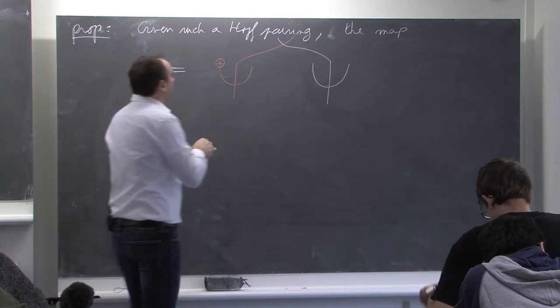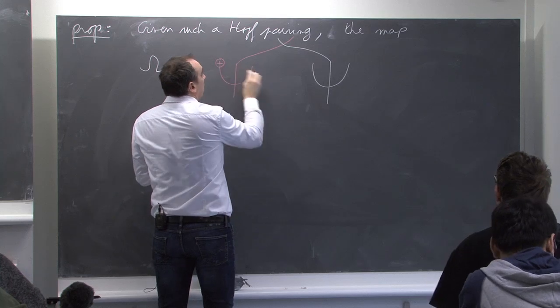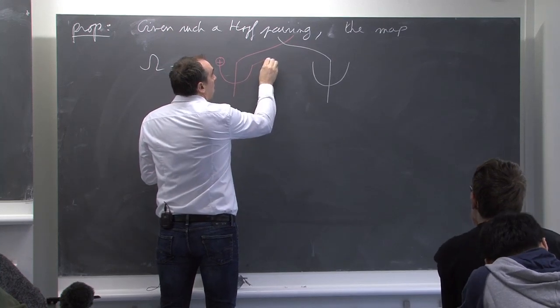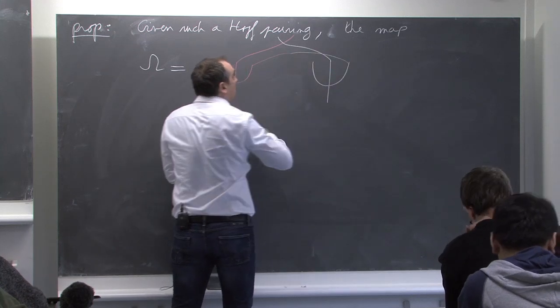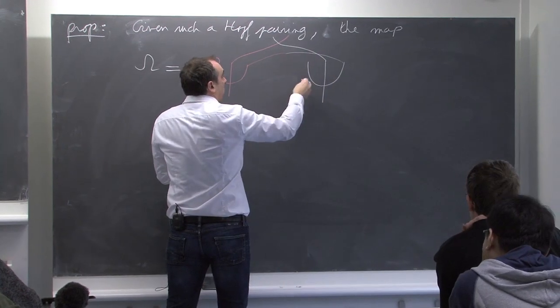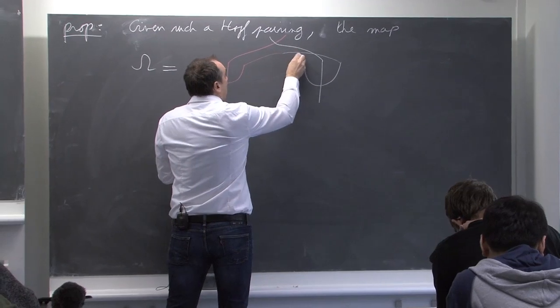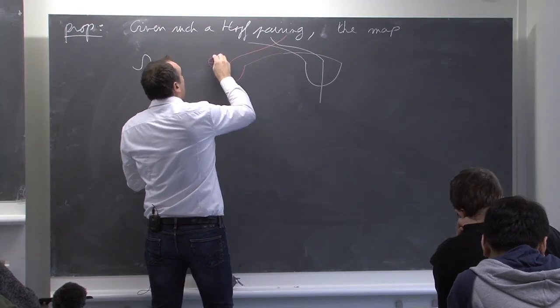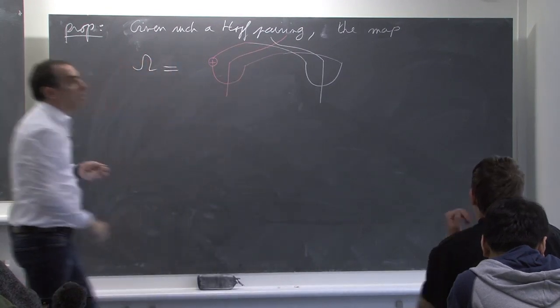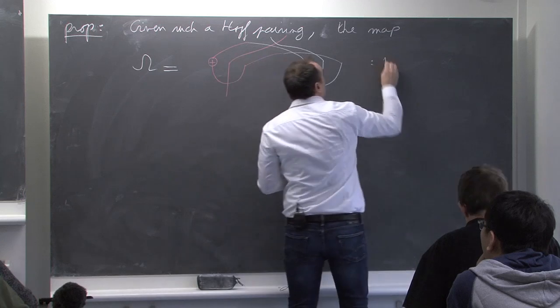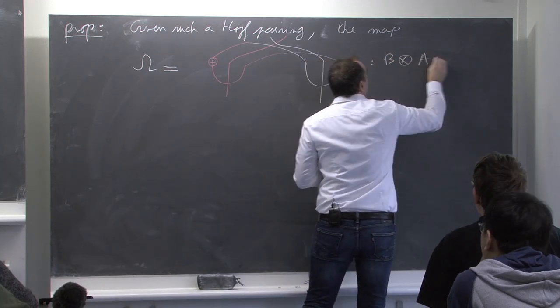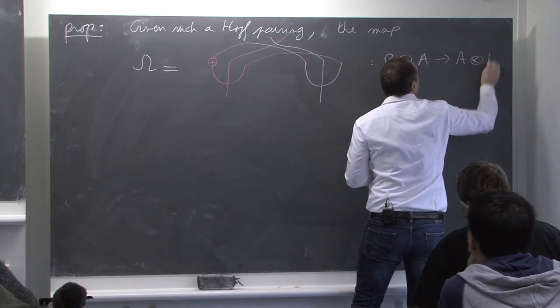And now I put the other. Okay. I do this. This is a map from B tensor A to A tensor B.